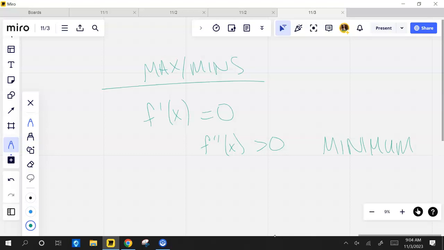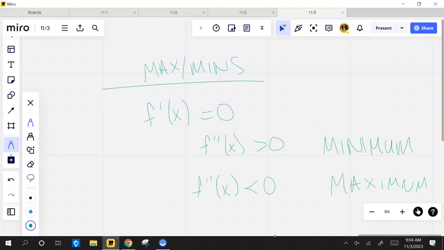So if they asked you on an FRQ, is this a max or a min? You could say, because the first derivative is 0 and the second derivative is positive, it's got to be a minimum. And if the second derivative is negative, then it must be a maximum.